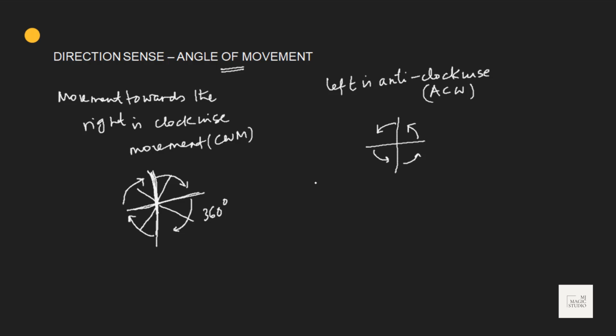So it's like from 0 to 45, then 90, one main angle covered, then 135, 180, we are just adding 45, 225, 270, 315 degrees and back to 360 degrees. So one full rotation means covering 360 degrees. Questions on angle of movement are regularly asked, that a person moved to the left and covered something like 2000 degrees, then in which direction he or she is heading, or something like that.